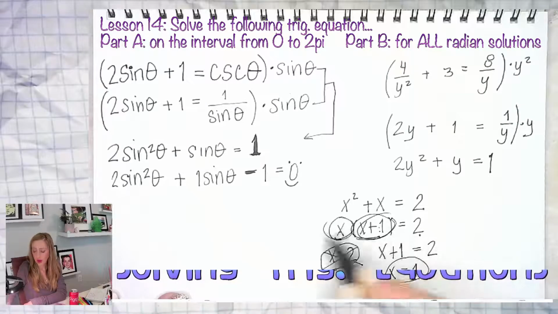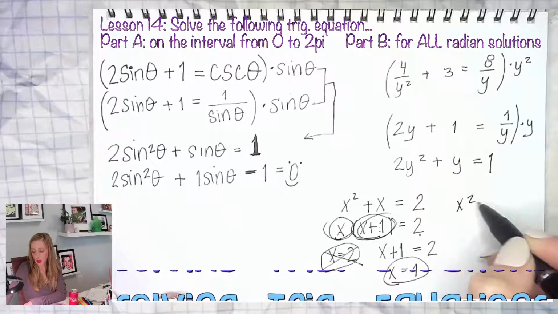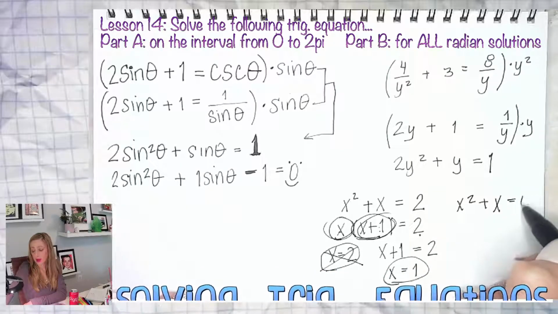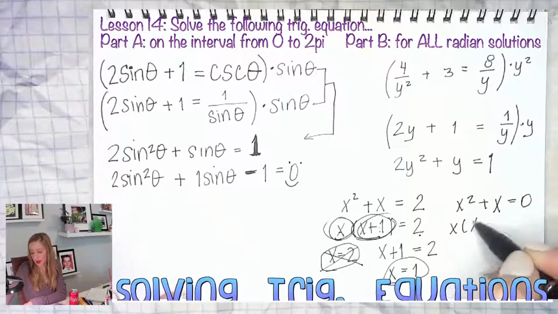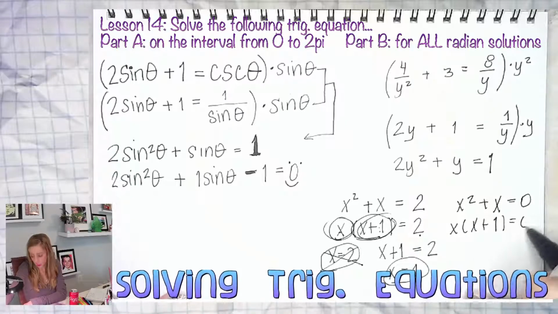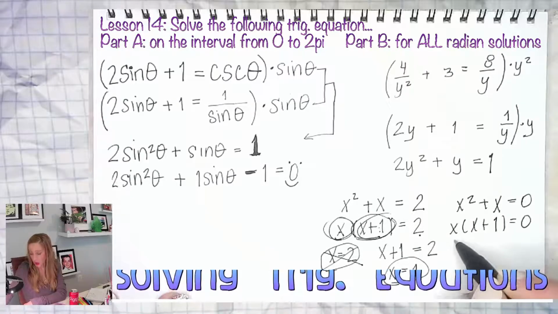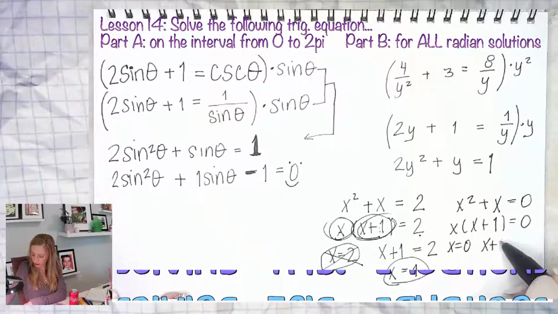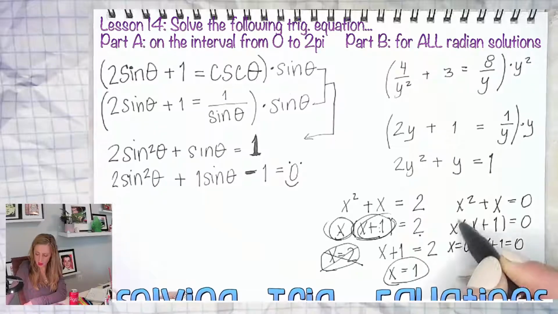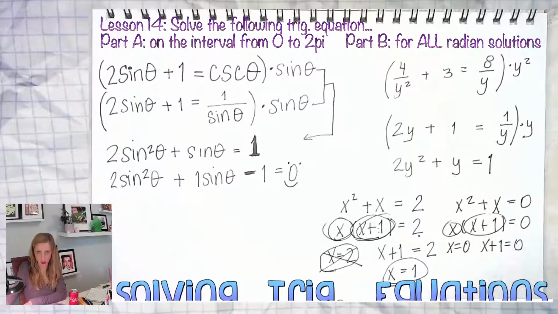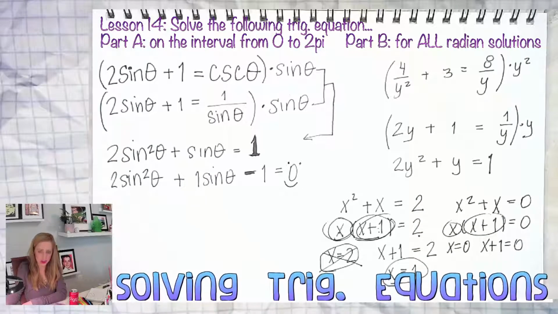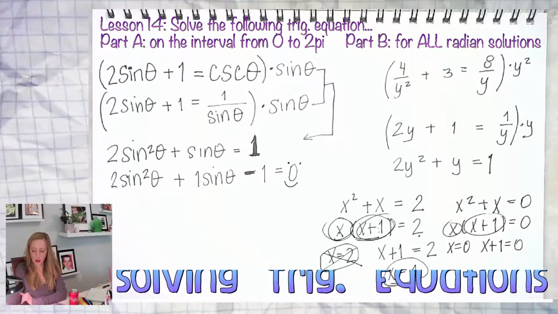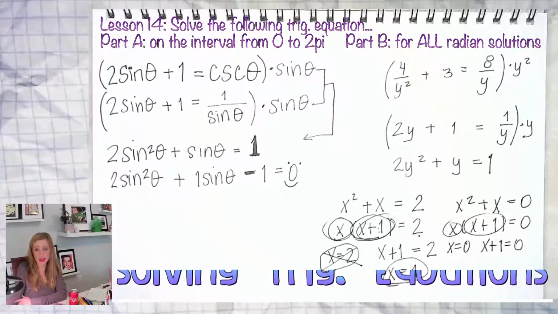However, if you have something factored, x squared plus x equals 0, x times x plus 1 equals 0, there's nothing wrong with saying x equals 0 and or x plus 1 equals 0, because if that and that equals 0, when you multiply them, it still equals 0. Will it work sometimes coincidentally?